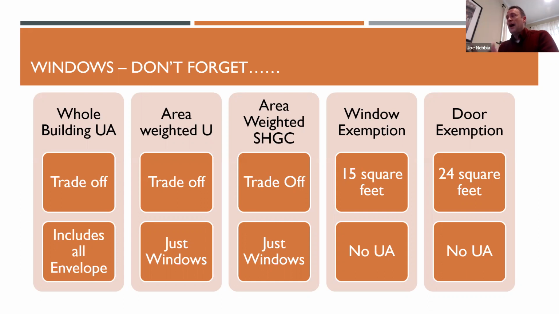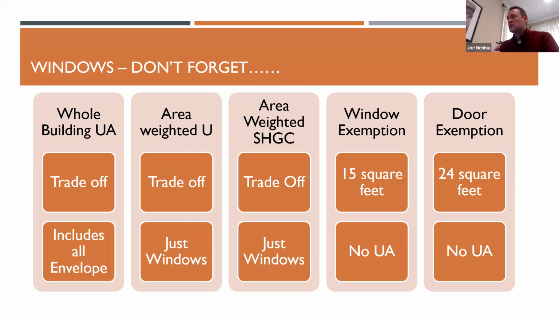Maybe you want higher solar heat gain in some orientations, but not others on your house. And so you have better than code on some side of the house and higher solar heat gain on another side. And in that way, you could still do an area weighted average. There is also a window and door exemption up to 15 square feet for windows and 24 square feet for doors that you can just take out of the compliance according to code.